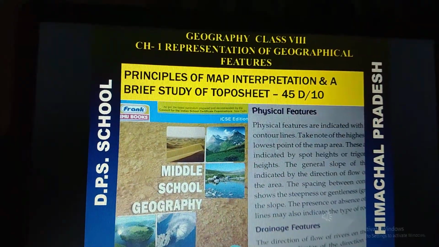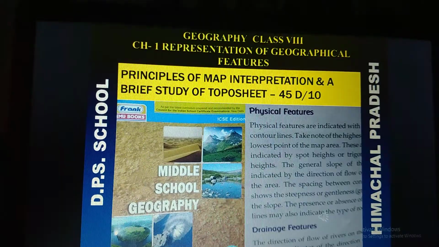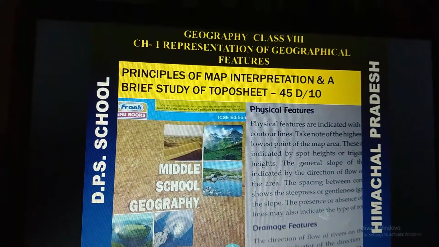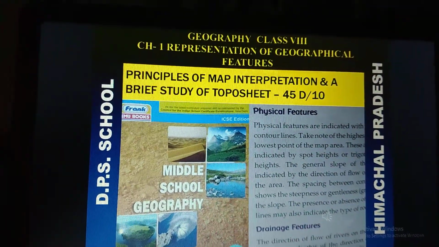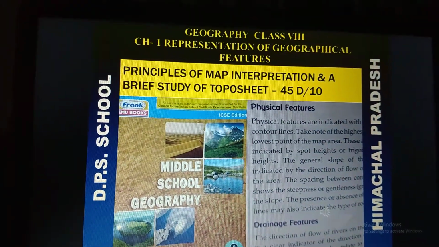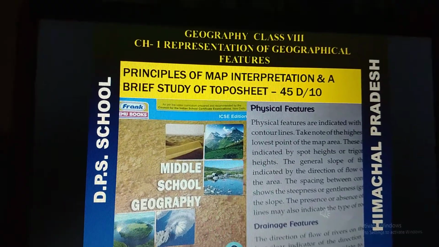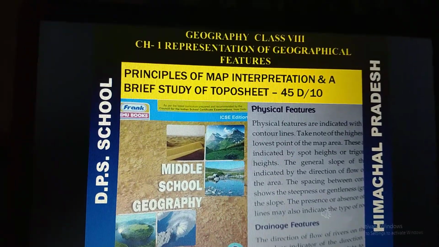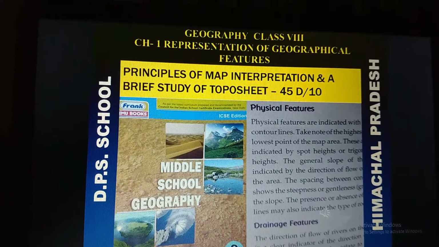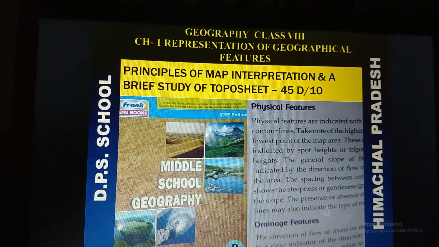Today, I am going to explain to you the principles of map interpretation. The first thing is, what do you mean by interpretation? Interpretation means explanation. So let us see the topographical maps which are before us.